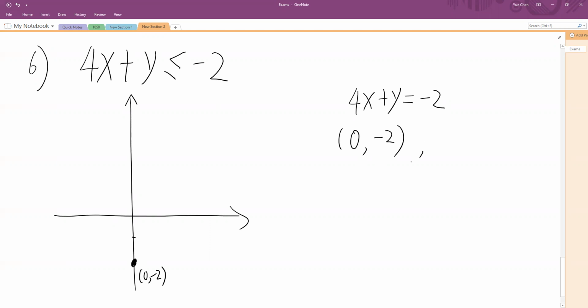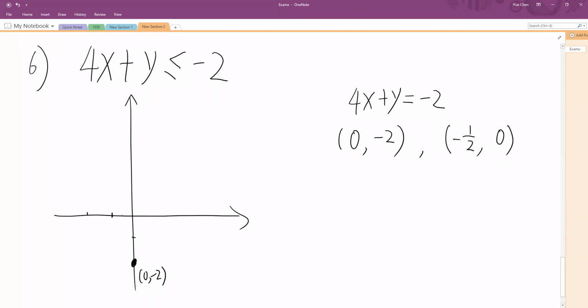Then we need another point where y equals 0. Y equals 0. X equals what? -1/2. Okay, it's a fraction, but it's a very simple fraction, right? Not like 15 over 17, this kind of fraction. It's -1/2. So here's 1, 2.